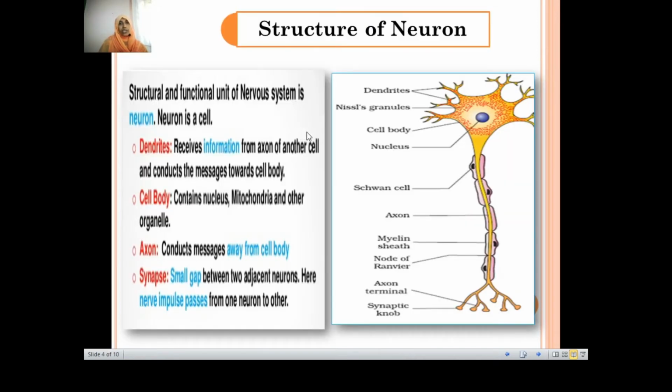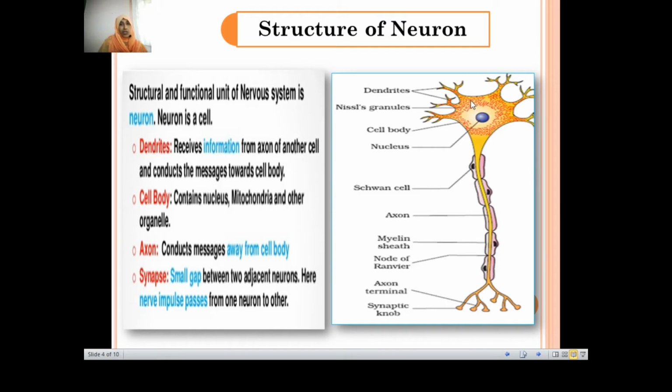Now let us know in detail the different parts of the neuron. The neuron is the structural and functional unit of the nervous system. You can see this is the most complex cell present in the body. Just like a tree, it has branches, a stem and roots.